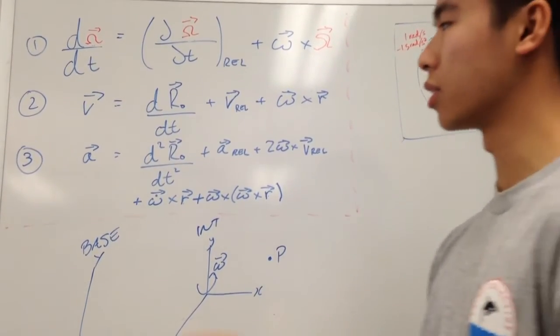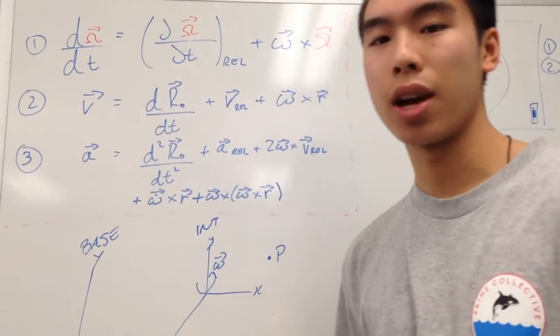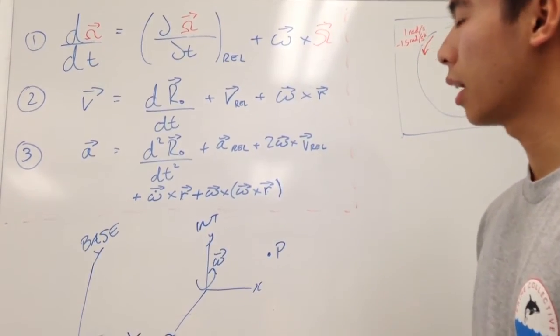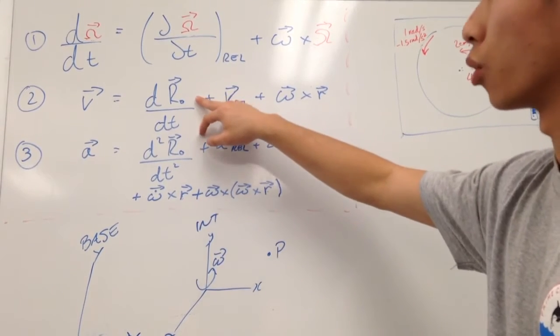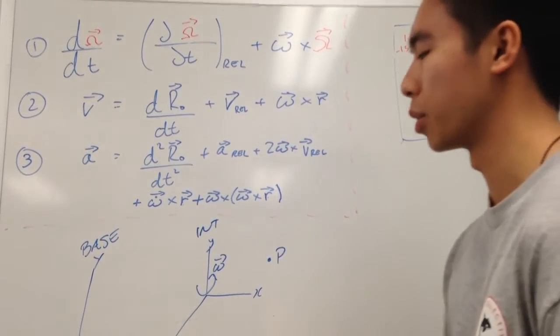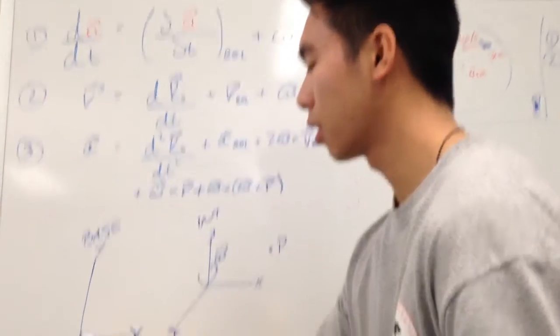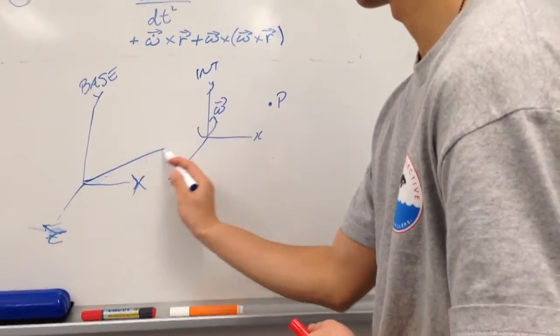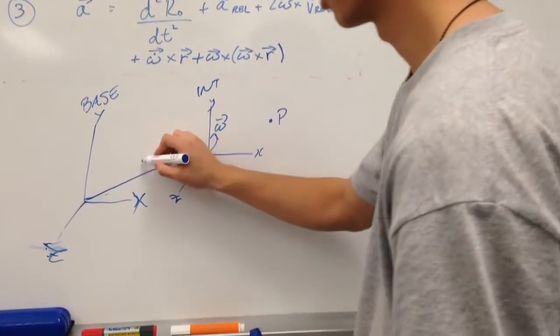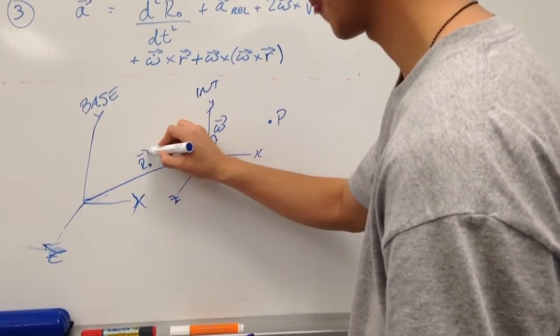The second equation is an equation for V, which is the translational velocity of our point of interest. The first term is dr naught by dt. What's r naught? R naught is defined to be the vector from the base origin to the intermediate reference frame origin.